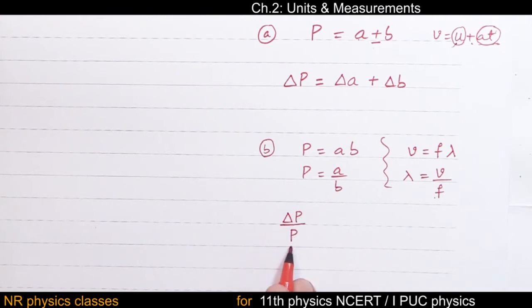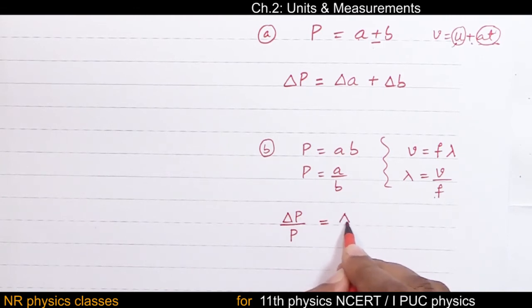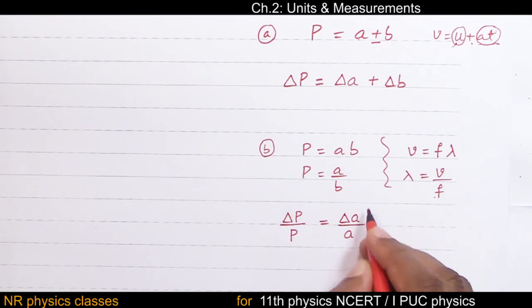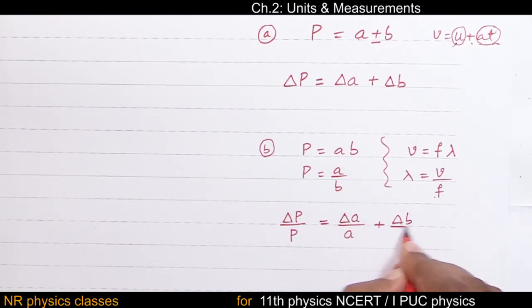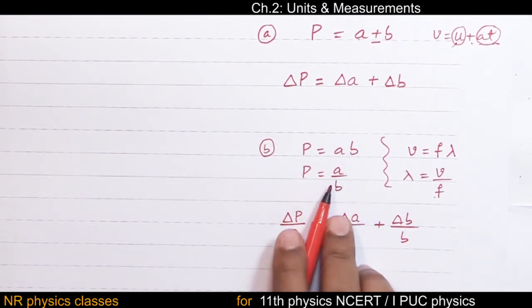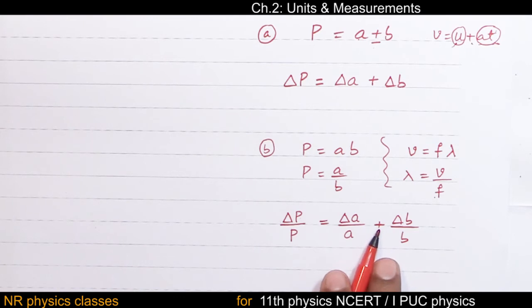So delta P by P is the relative error in the measurement of P, equal to delta A by A, the maximum relative error in the measurement of A, plus delta B by B, maximum relative error in the measurement of B. Whether it is product or the ratio, this is plus.